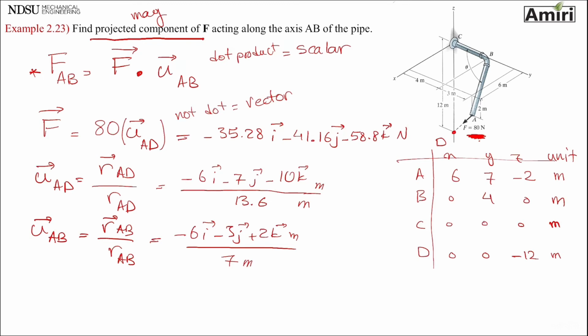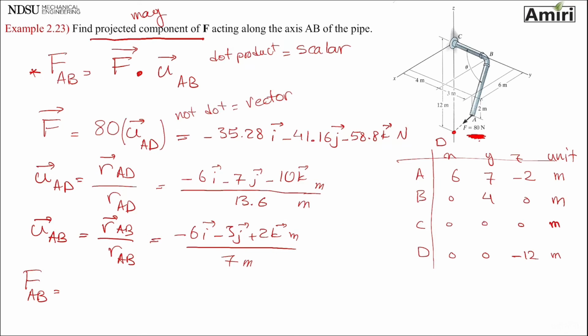Dot product, I's, J's, and K's. The result is going to be a scalar. No IJK should show up in the result. So FAB is going to be, not sure if my final answer is correct, so please check my math here.